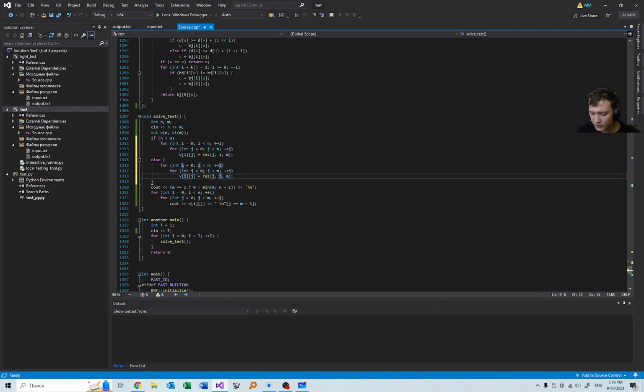Here I need to put something like maximum of 0 and, so here m is at least n. Like this, I think.